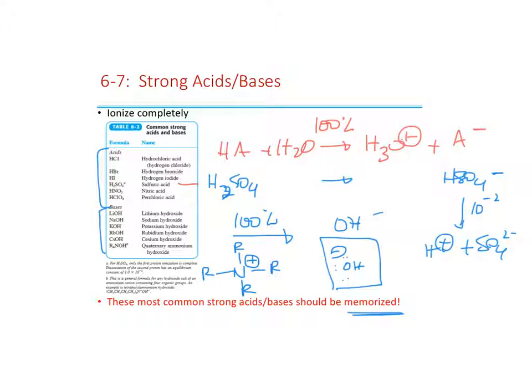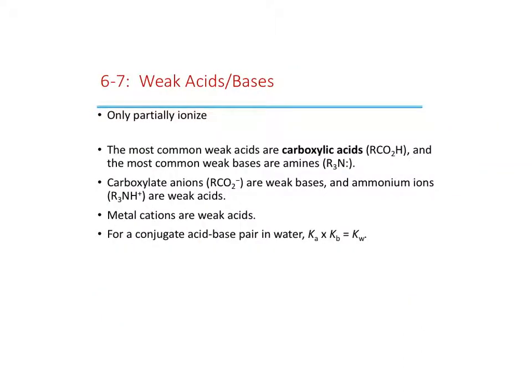Outside this, I would say that any acids that you encounter, unless otherwise specified, we could say are probably weak. And they'd certainly be weak if I report a sufficiently low Ka. So weak acids and bases only partially ionize, and there's a couple common ones. Carboxylic acids are weak acids. Metal cations form weak acids, and so do their conjugates.